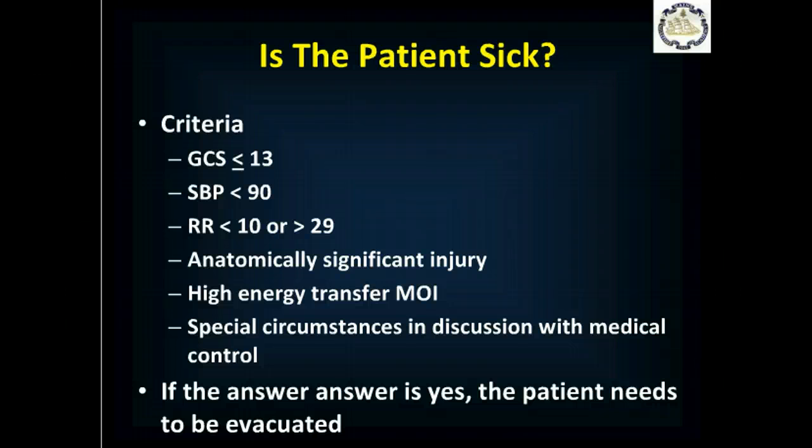So if their Glasgow coma score is less than 13, their systolic blood pressure is less than 90, their respiratory rate is less than 10 or greater than 29, they've got an anatomically significant injury of the type we've discussed, there was a high energy transfer mechanism of injury, where even if you're not seeing an injury, you know that the potential is very high, or there are some special circumstances and you discuss it with medical control and agree together that the combination of the mechanism of injury and those special circumstances make the patient at risk for being very ill, then you need to evacuate the patient.